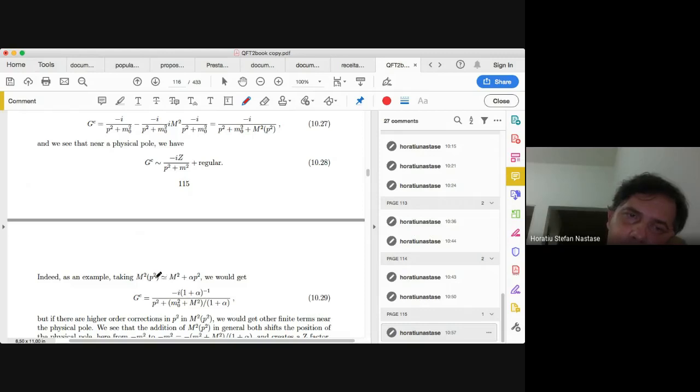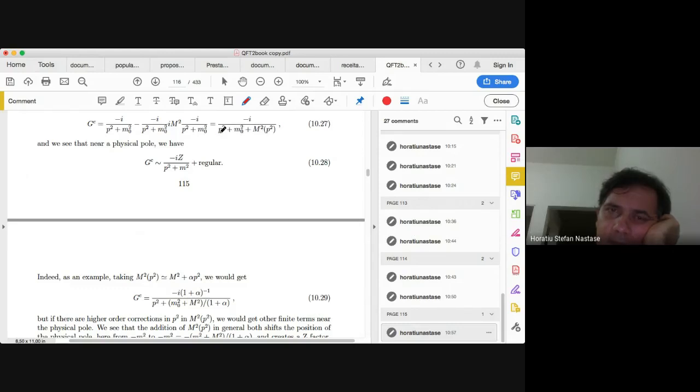So capital M squared of p squared is approximately a constant, capital M squared, plus something linear in p squared, so alpha p squared. If I substitute this here, p squared will now be multiplied by 1 plus alpha, and then I have m0 squared plus capital M squared.